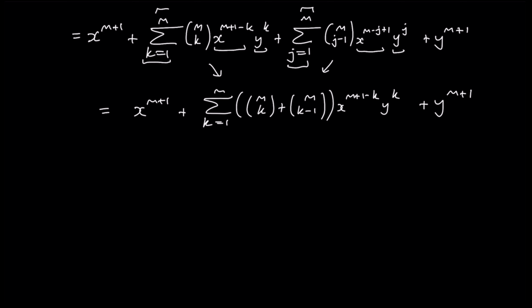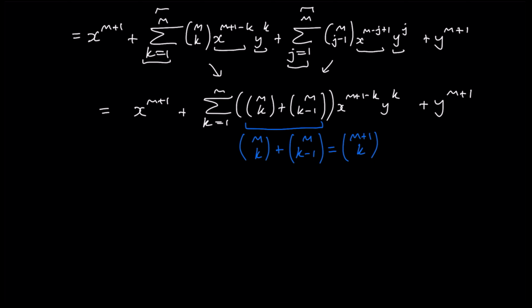Then what I notice is that I actually know the value of this from earlier, when we were exploring the similarities between combinations and Pascal's triangle. I know that this sum is the same thing as m plus 1 choose k.